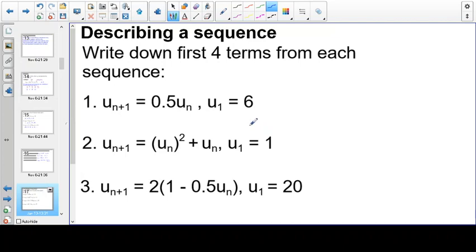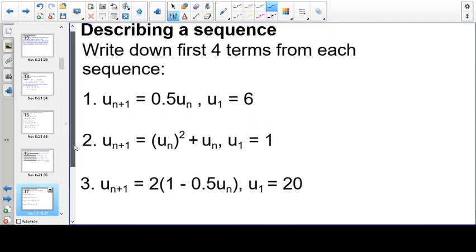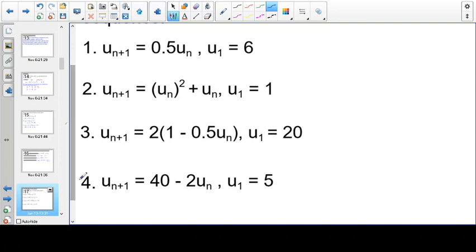So I'll describe what it's doing. Okay, so this one starts off with a 6. Each term is the previous one halved, so that's 3, that's 1.5, that's 0.75, and so on.